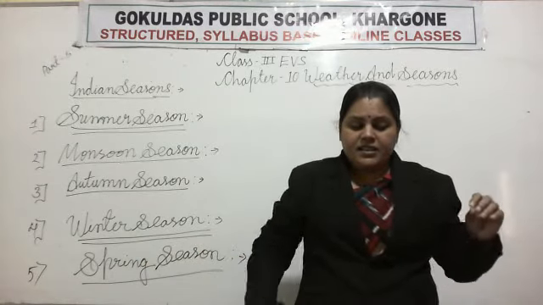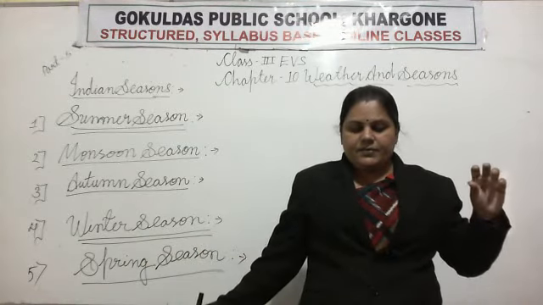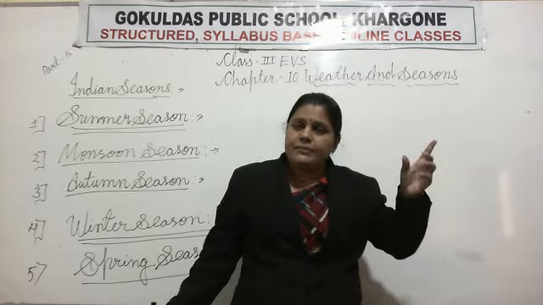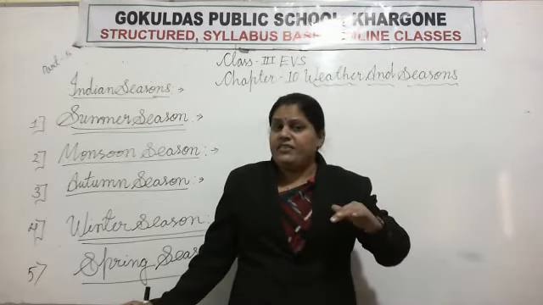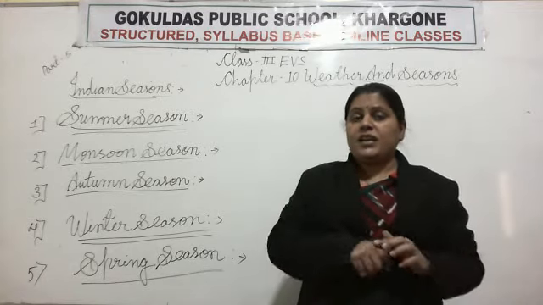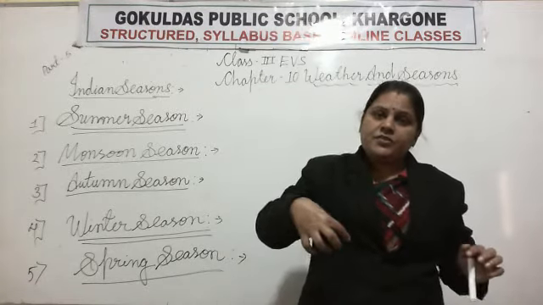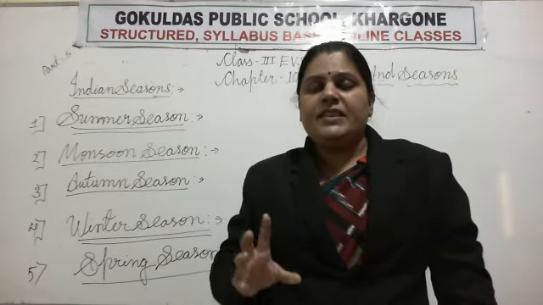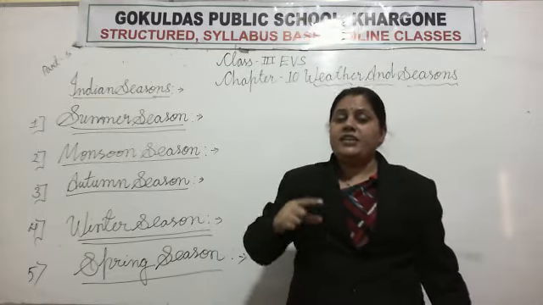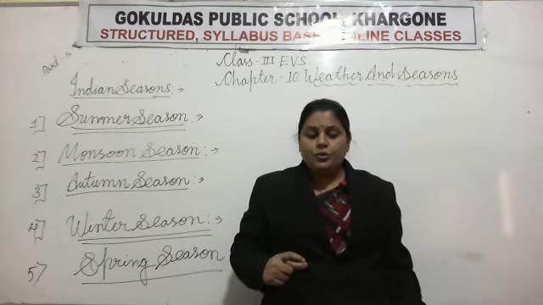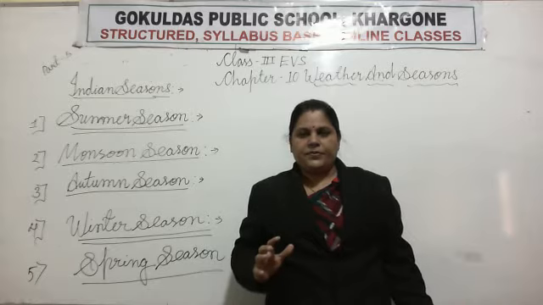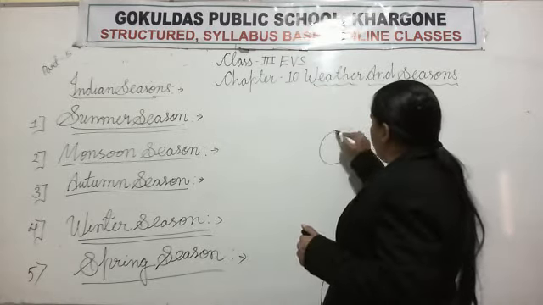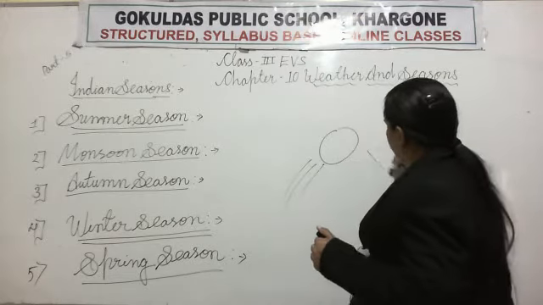The sun is not very hot during the morning and evening time, but at noon the sun rays come directly to the earth. That is the reason our shadow is very short at noon. And in the morning and evening, the rays of the sun are slanting.